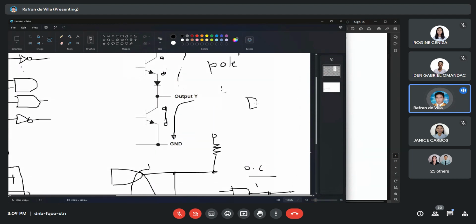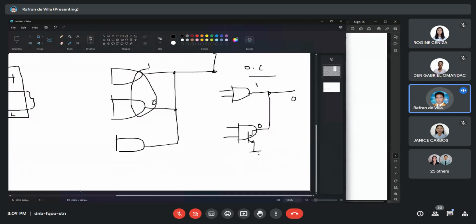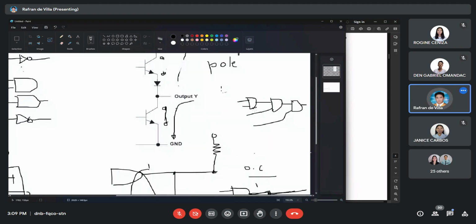Inganion na ninyo og connect ang 4-input nga AND gate. But if you have an open collector, you can actually just simply connect the output together. So that could save you additional ICs.